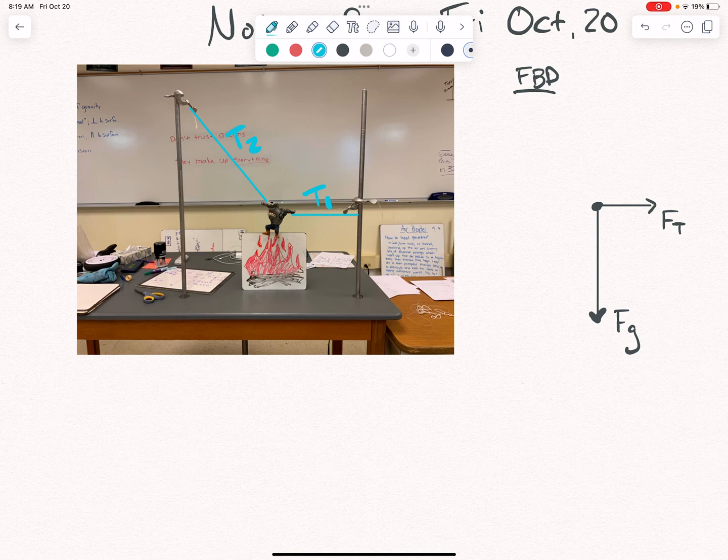That way we're consistent. So this would be FT1. And then we have this third one going up at this angle. Try to do your best to match that direction, and we'll call that FT2. So this would be the free body diagram.